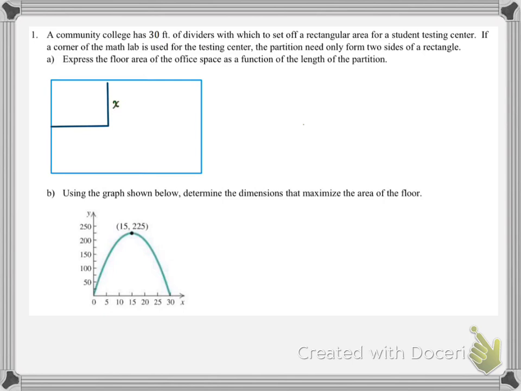Straight. And then we know that there's a total of 30 feet, and so if I use x feet for that wall, then there's going to be 30 minus x feet left over for the other wall.